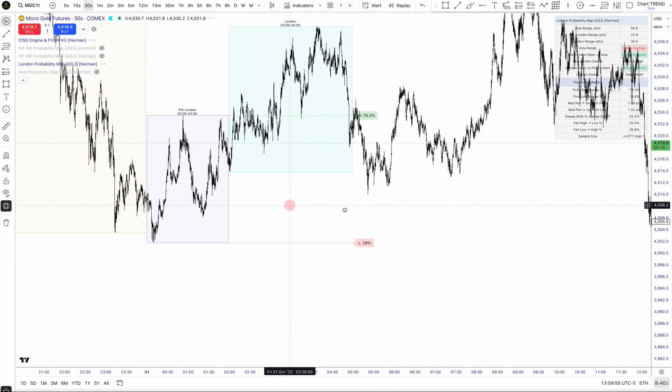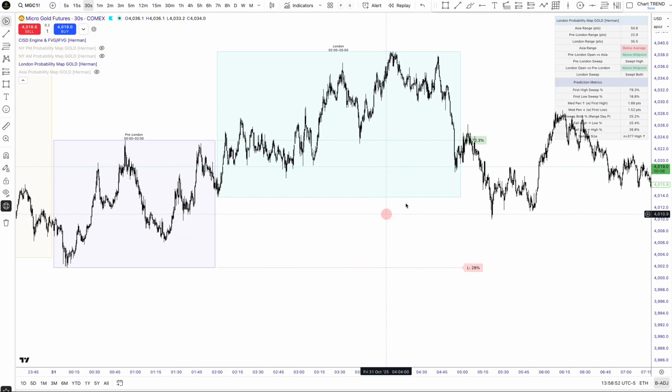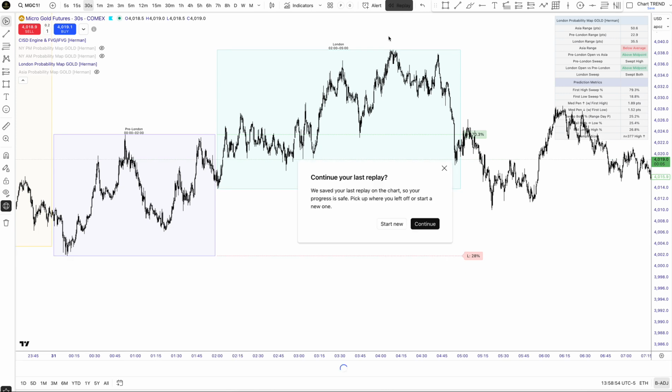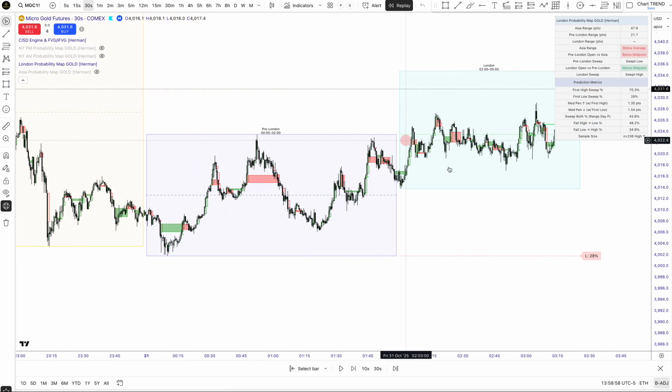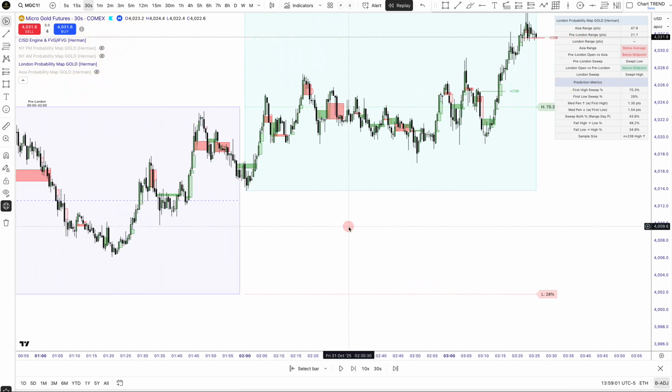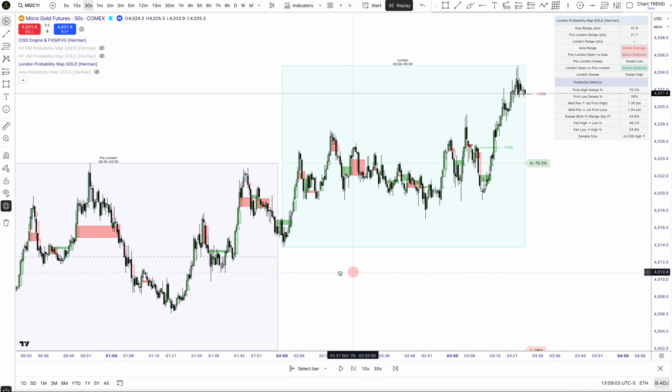Let's check last Friday. Last Friday we had 70% of sweep the high first, and you know the way I am trading, I am not targeting the high itself, I am realizing the profits on the way there.